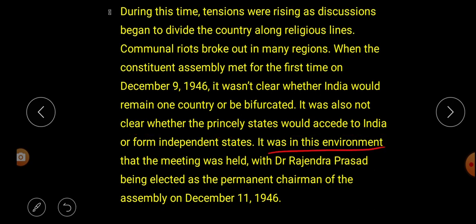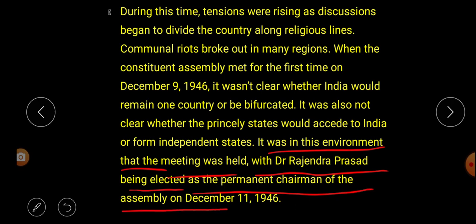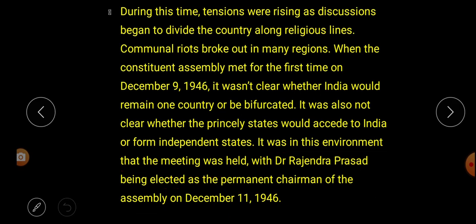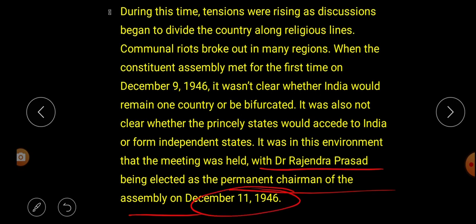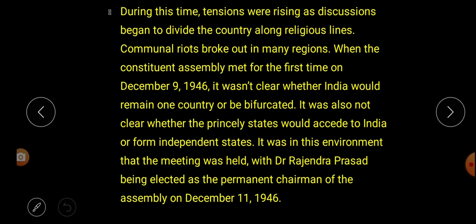It was in this environment that the meeting was held, with Dr. Rajendra Prasad being elected as the permanent chairman of the Assembly on December 11, 1946. So what happened? In this situation, meetings were held and Dr. Rajendra Prasad was elected as the permanent chairman of the Assembly on December 11, 1946.